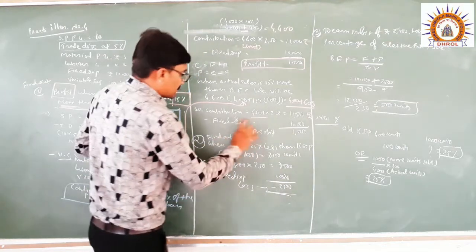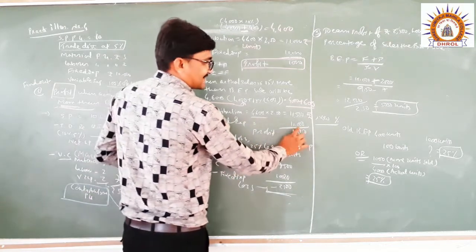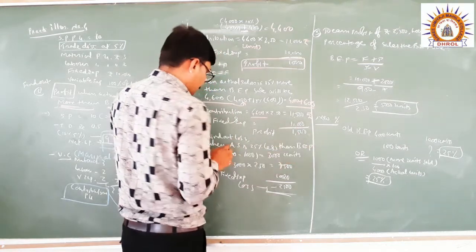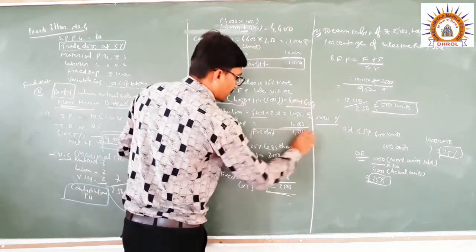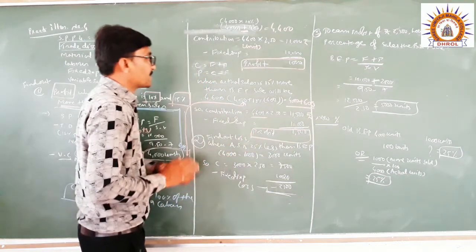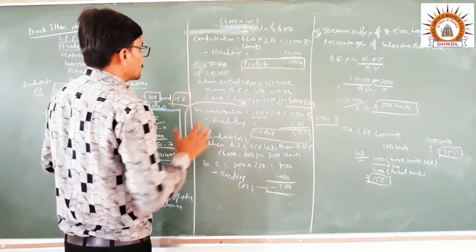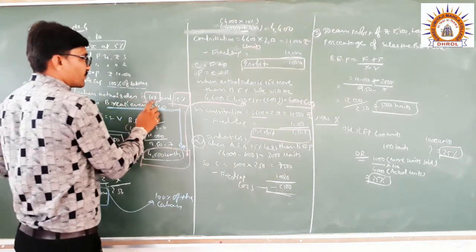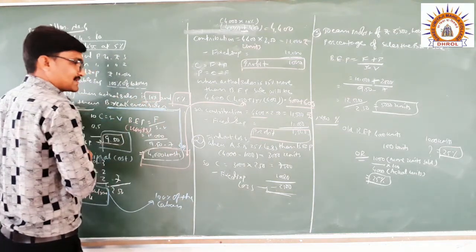Then less fixed expense, which remains constant. Then find out the profit. Then profit will be 1,500, right? I hope you got my idea for finding out profit in the cases of 10% and 15%.